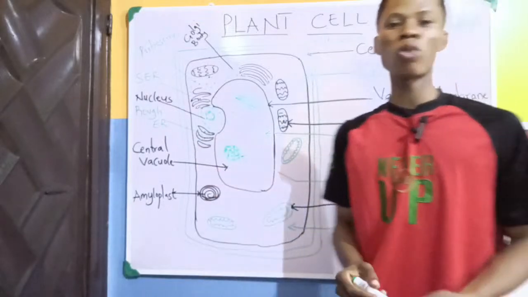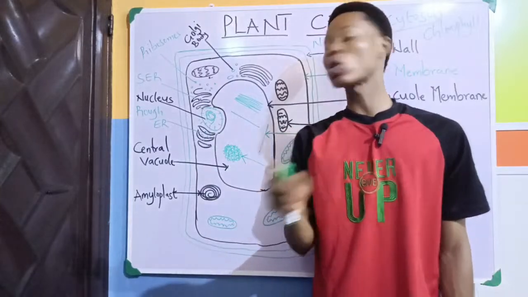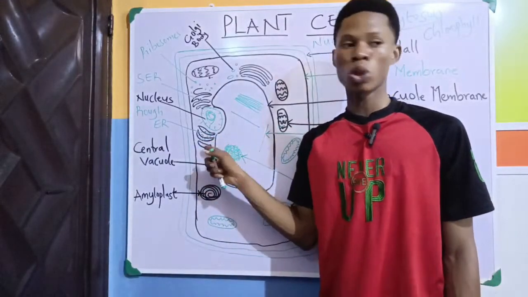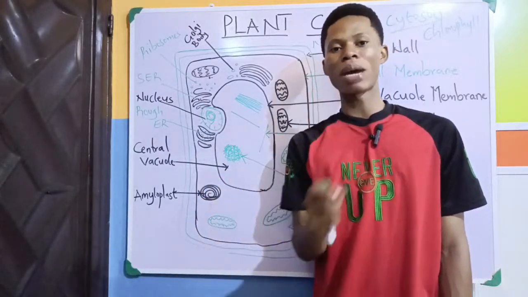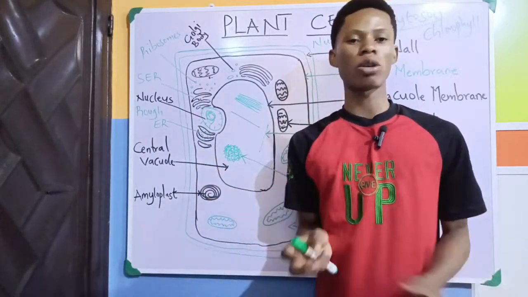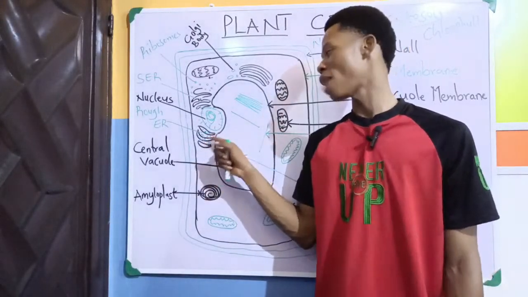So the rough endoplasmic reticulums are rough because of the presence of ribosomes on them. When viewed under the microscope, they look rough because of the presence of ribosomes.